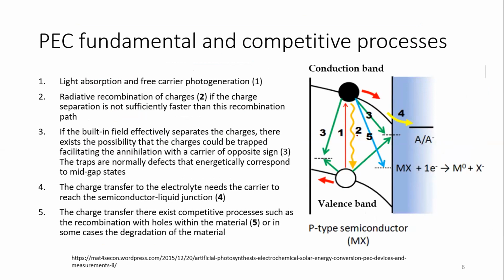And no material is perfect, so you also have some defects present in the material, either in the form of bulk defects or surface defects. There is a certain probability that these generated charge carriers will recombine or be trapped in these defect states, so they lose that energy.